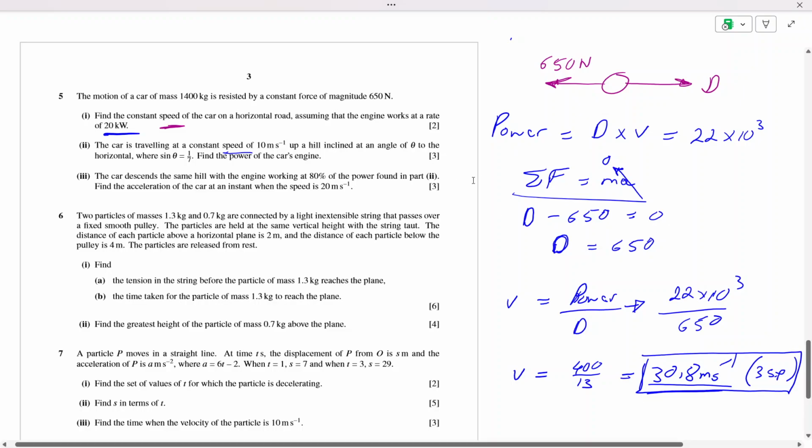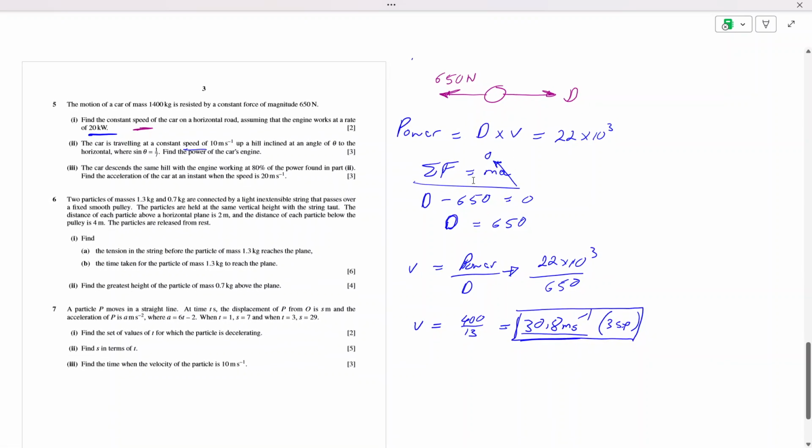And then part 2 says, the car is traveling at a constant speed of 10 meters per second up a hill. Now the hill is inclined at an angle theta to the horizontal, where sine theta is equal to 1/7.